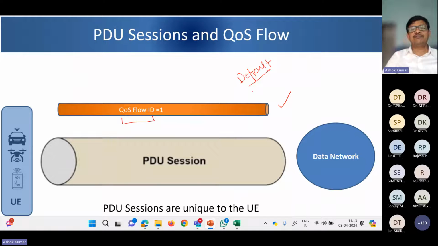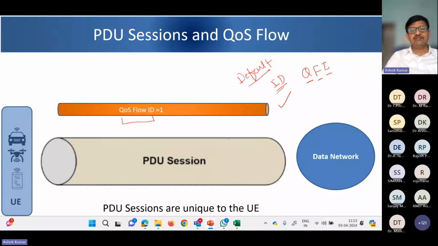And every QoS flow will have some ID. That ID we call QFI, quality of service flow ID. So that is to identify a QoS flow.